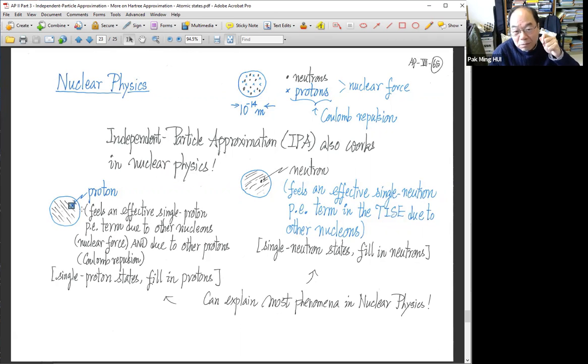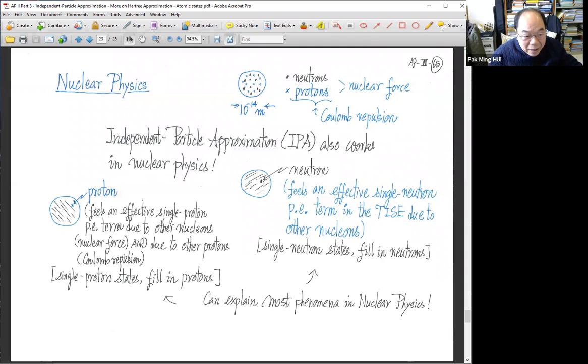We focus on the proton; the other neutron and proton will provide another effective single proton potential. But this time, it will be slightly different, because proton can interact two ways: nuclear force plus Coulomb repulsion from the other protons.